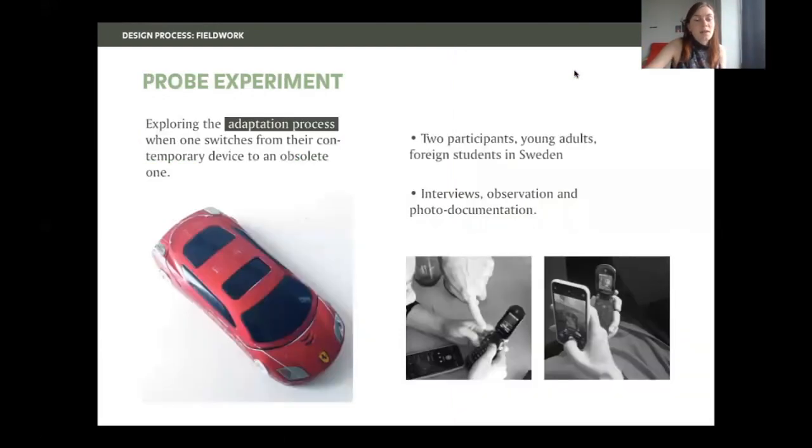I also conducted a probe experiment with two participants. One was given a burner phone, which you can see in the pictures here, and the other one chose not to have any phone because she didn't see the point in having a phone with no internet on it. The idea here was to explore the adaptation process when one switches from their own, contemporary device to an obsolete one.